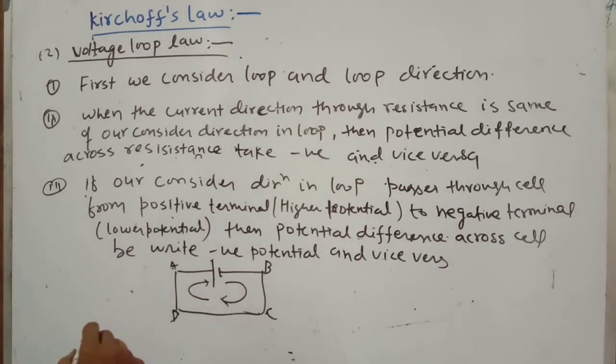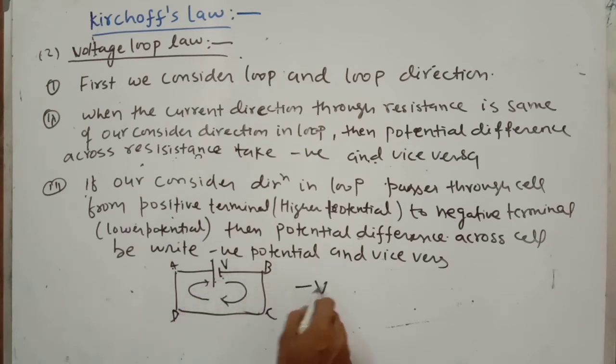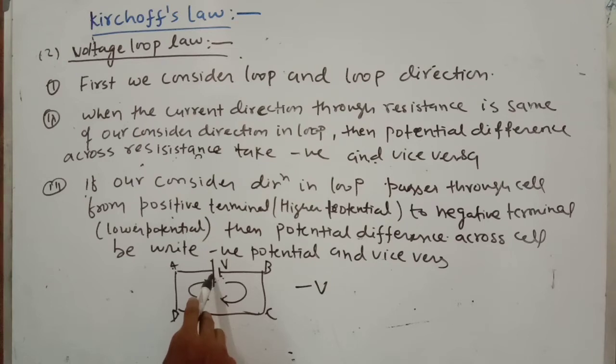Here we consider the potential is V. So here we write negative potential. Why? Because your considered direction goes from positive plate to negative plate, that means higher potential to lower potential. That means the potential difference across the cell is minus V.